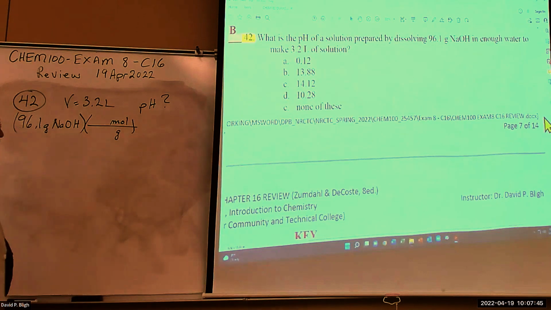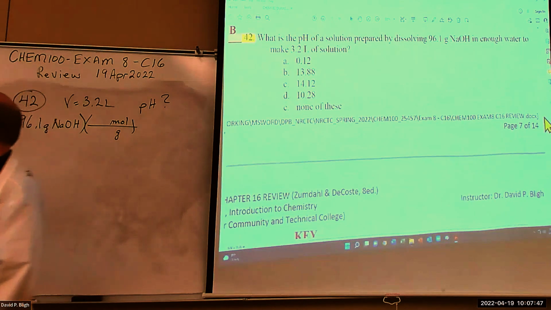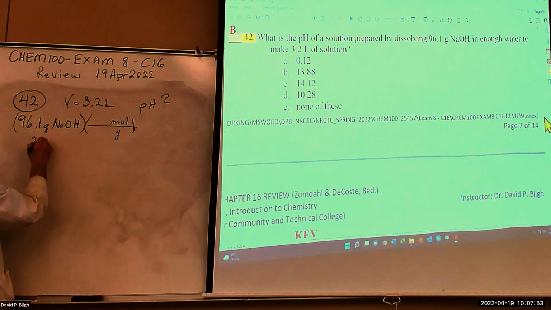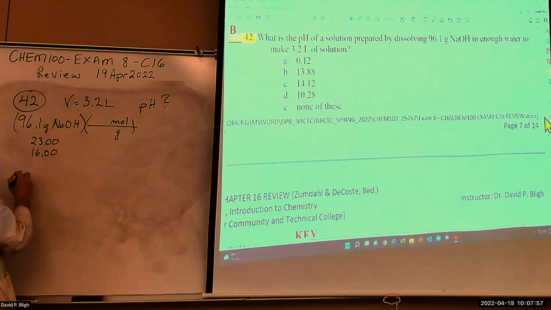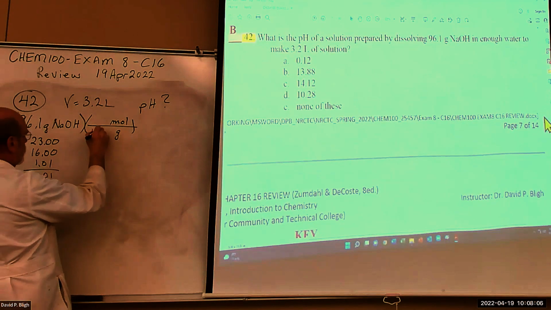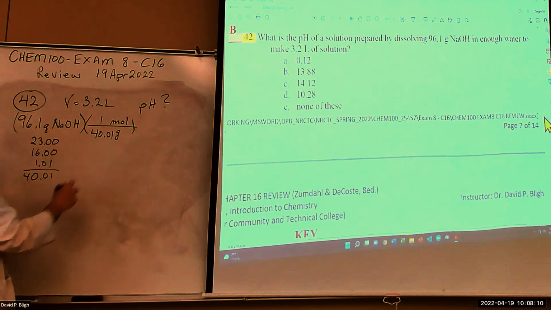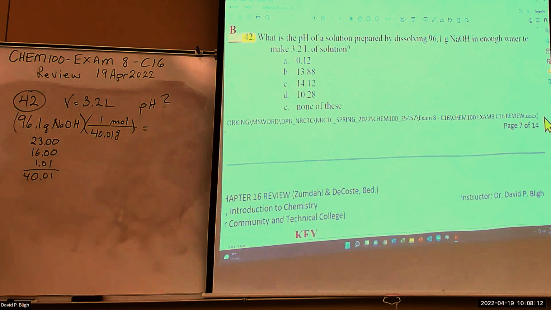So what's the molar mass of sodium hydroxide? Well, let's see. Sodium is 23. Oxygen is 16. And hydrogen is 1.01. So 40.01. Right? Divide 40.01 into 96.1.